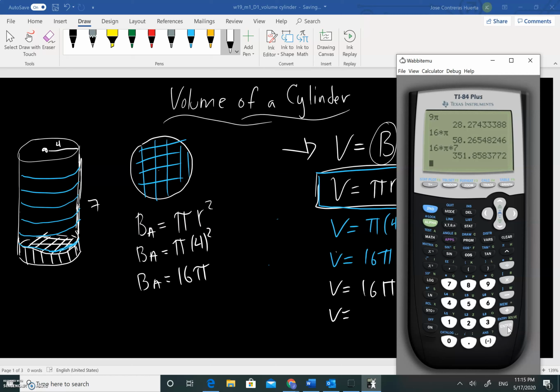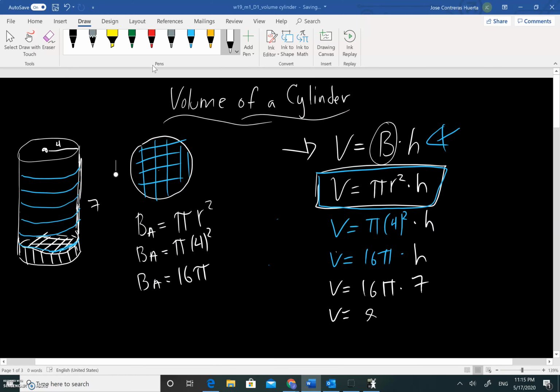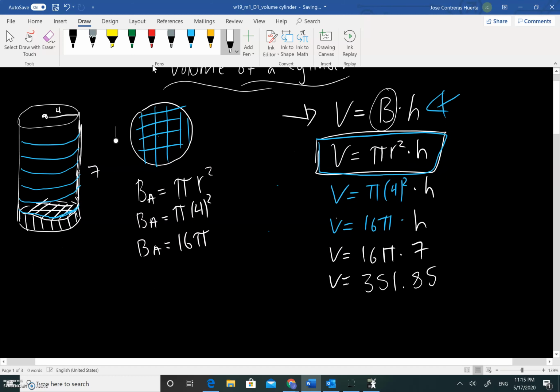So I would need a total of 351.85 cubes. Now, in most of our problems, we're going to have to round this to the nearest tenth. To round this to the nearest tenth, we look at the tenths place.